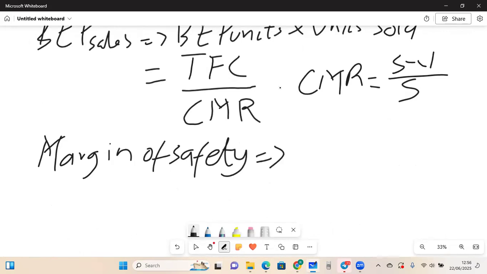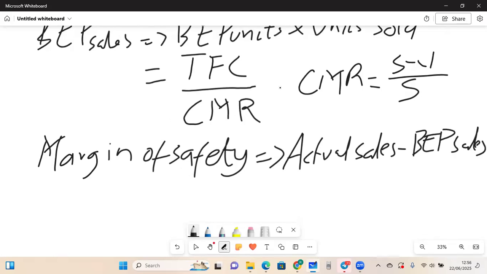So margin of safety is basically how far we are from the break-even point, right? So basically, it is actual sales minus the break-even sales.